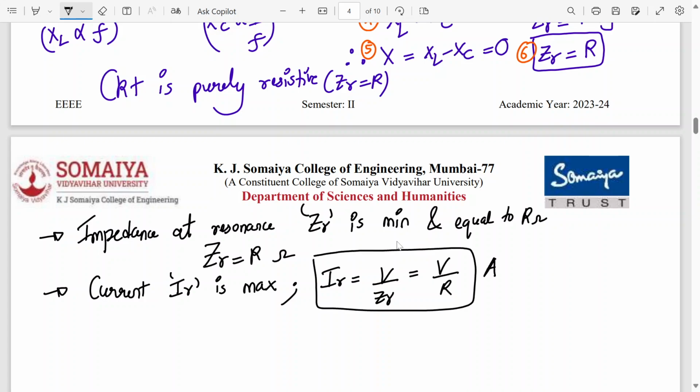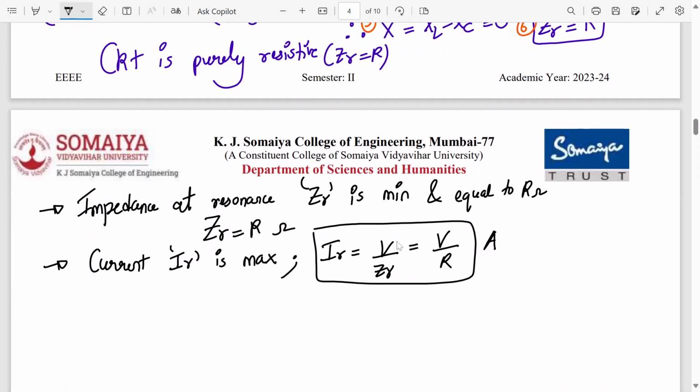So as the current in the circuit is maximum, the power absorbed by the circuit also will be maximum. So P also will be maximum, which will be given by I square at resonance into R. That is P max. Understood this?